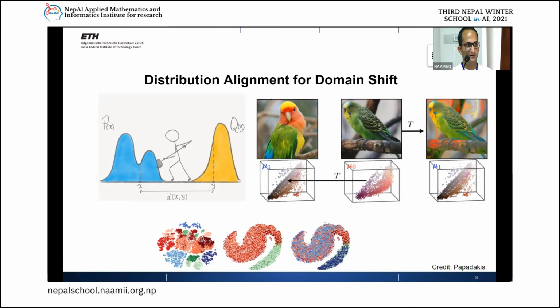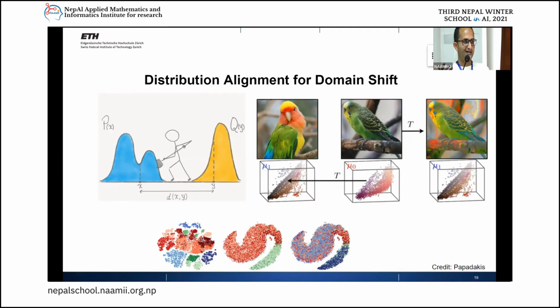Because distribution itself is a vague concept. It is an abstract concept. Does it exist? Well, in some sense it does exist, but it's more about the representation of data, the assumption that the data actually does follow certain distributions, right? And if the training data has one distribution, and as long as the test data comes from the same distribution, there is no problem. But unfortunately, in practice, that's not the case.